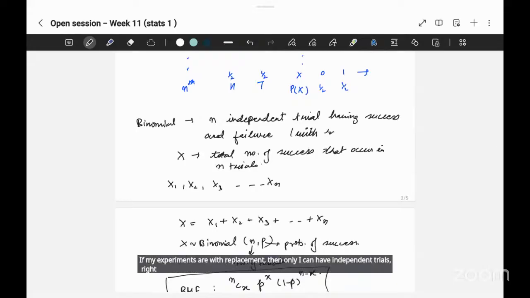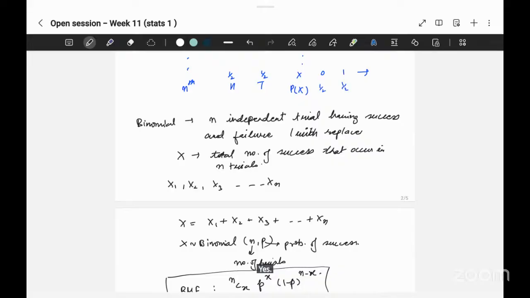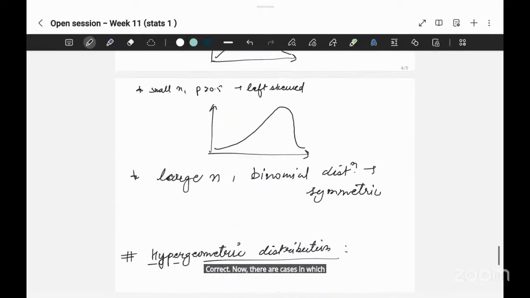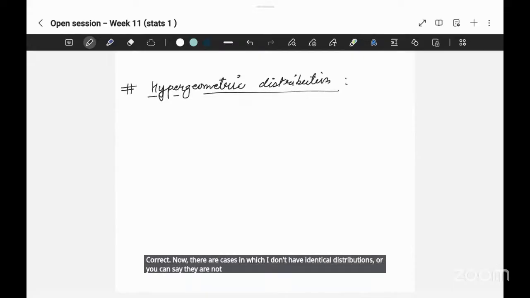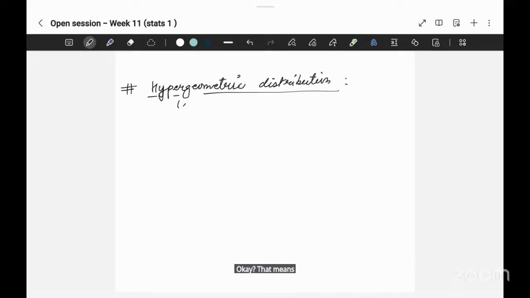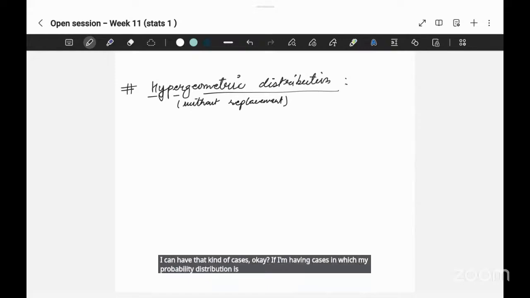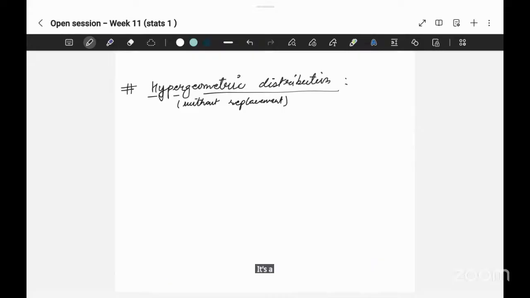Now, there are cases in which I don't have identical distributions, or they are not independent. That means I'm doing it without replacement. If I'm having cases in which my probability distribution is not the same for each of the trials, then it's a hypergeometric distribution.